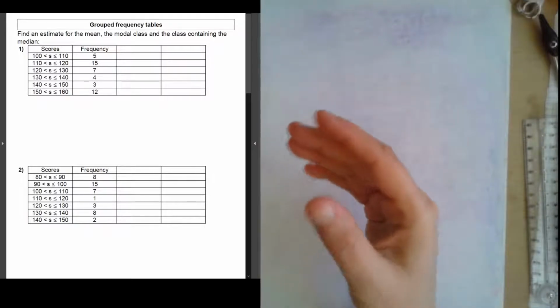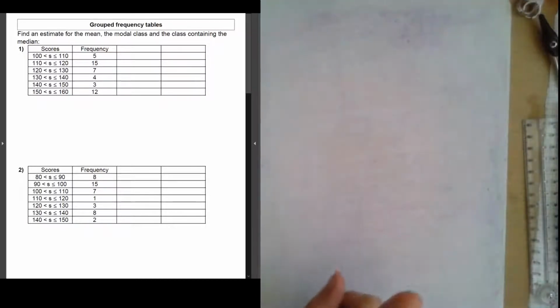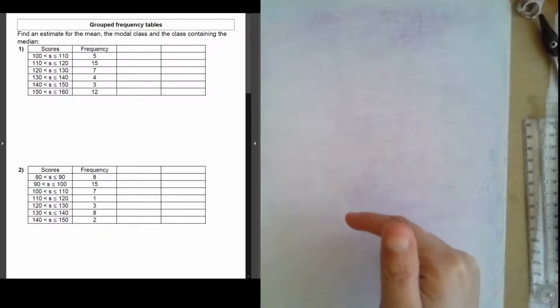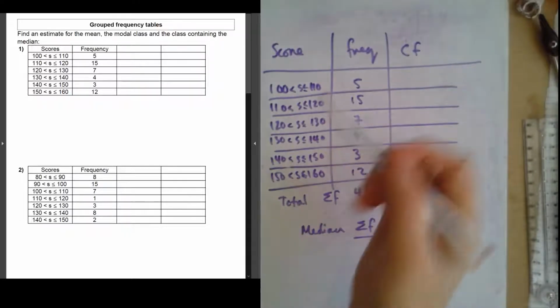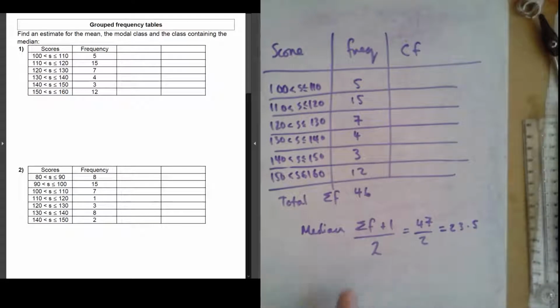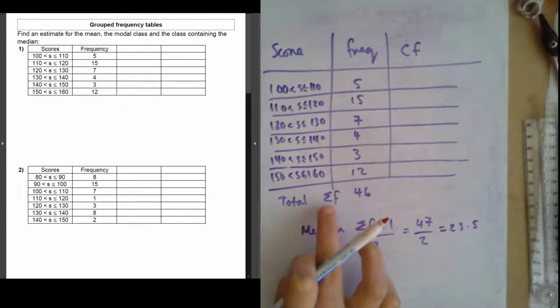All I have to do is make sure I total up the frequency and then get a running total. I'm just going to draw up the table on here so I don't waste time. Okay, so I've drawn up part of the table. For the median, you should know from the total, sigma f. Sigma is the uppercase sigma in the Greek alphabet.